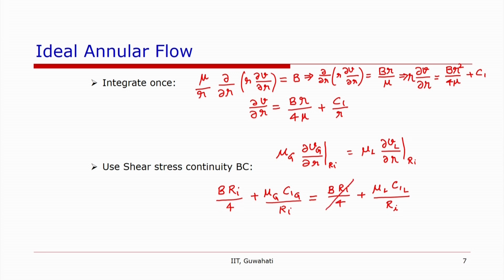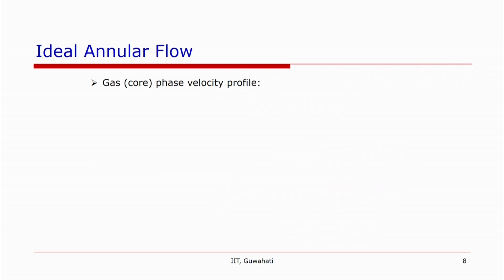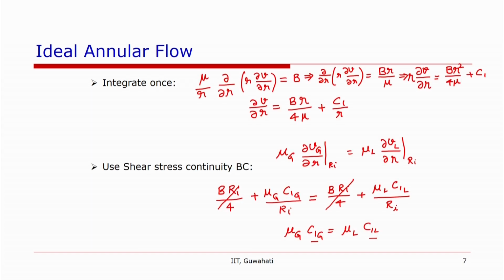So B Ri by 4, B Ri by 4 will cancel out, and what we will have as the boundary condition is μG C1G is equal to μL C1L. Okay. So we have a relationship between the 2 constants for 2 phases, C1G and C1L. Okay. Now we can integrate this equation further.